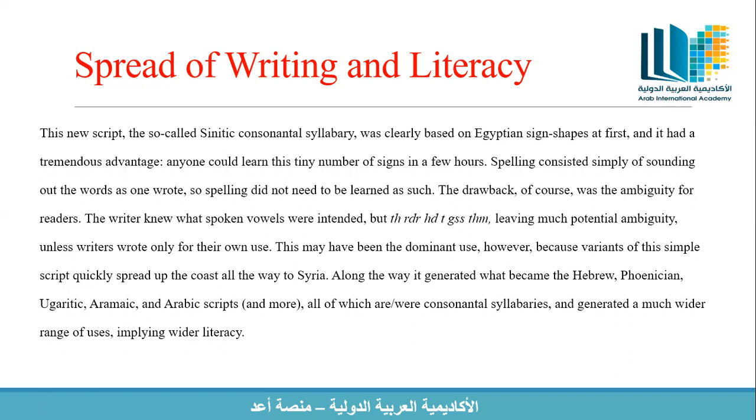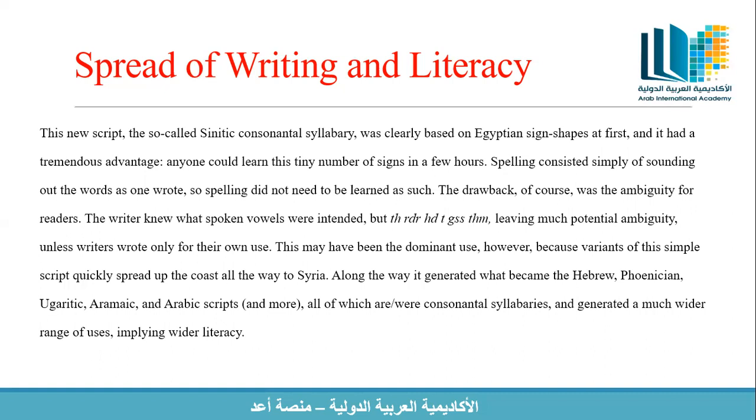The drawback, of course, was the ambiguity for readers. So the writer knew what spoken vowels were intended, but "TH" or "HD", "T", "GSS", "THM" left much potential ambiguity unless writers wrote only for their own use. This may have been the dominant use.